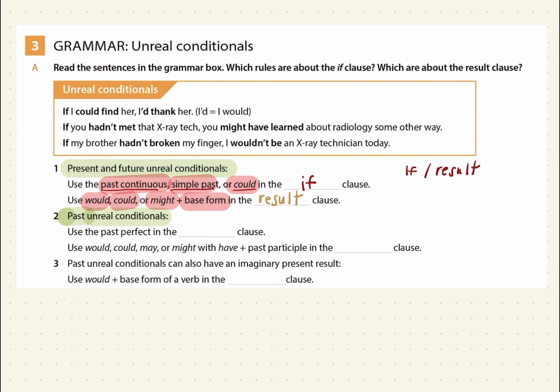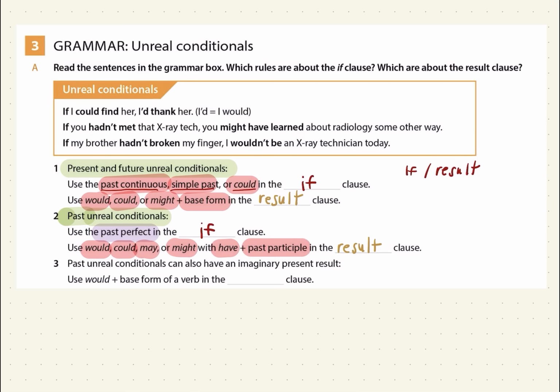Okay, use the past perfect in the right if clause. And then use would, could, may, or might with have plus past participle, or verb 3, in the correct result clause.